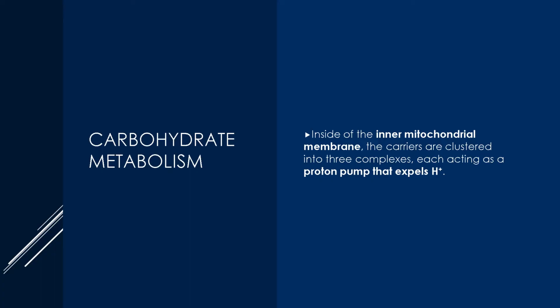Within the inner mitochondrial membrane, the carriers of the electron transport chain are clustered into 3 complexes, each of which acts as a proton pump that expels hydrogen ions from the mitochondrial matrix and helps to create an electrochemical gradient of hydrogen.